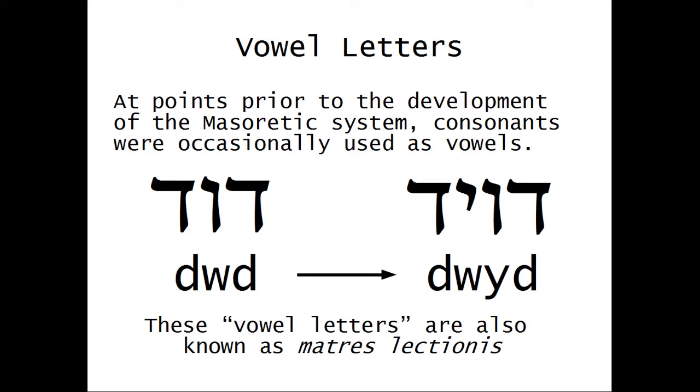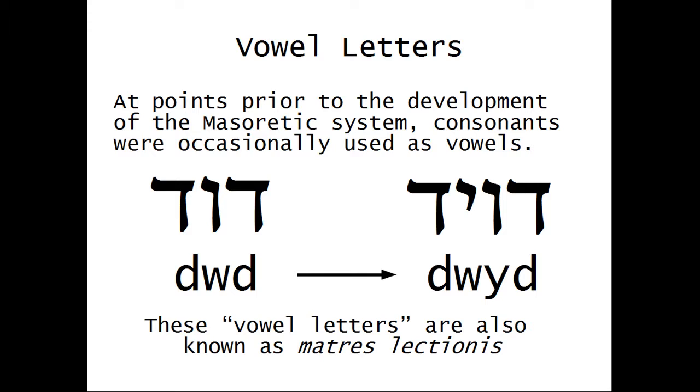One classic example is the name David in the Book of Kings, the older text, which is just spelled with 3 consonants, Dalet, Vav, Dalet. By the time you get to the later text, Chronicles, you will primarily see the name spelled as Dalet, Vav, Yod, Dalet.